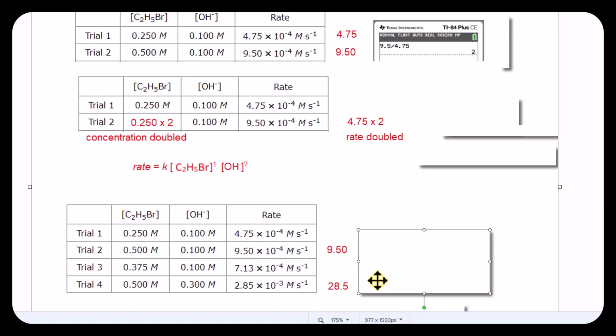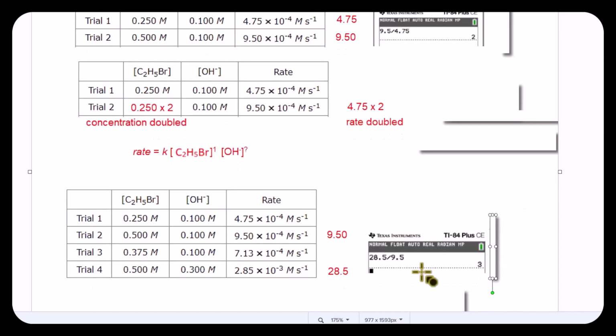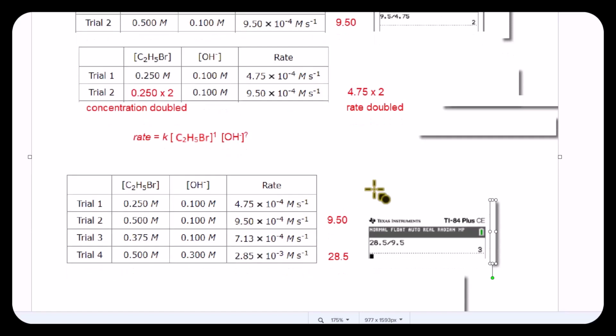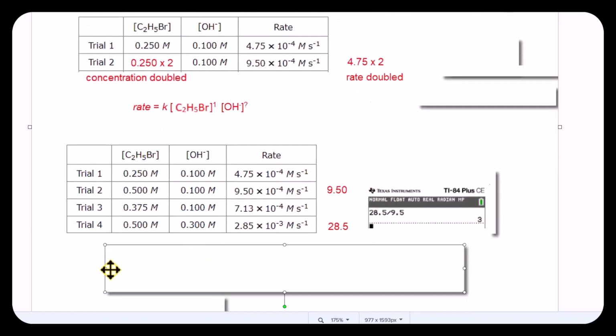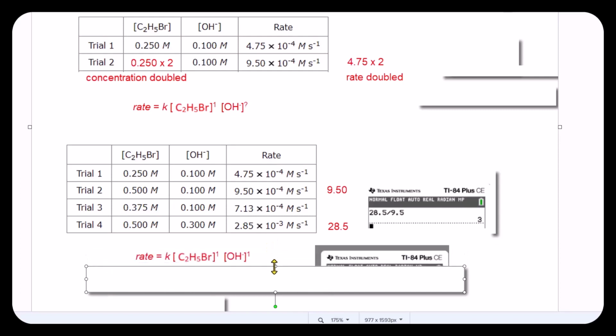Well, your math is good, you'd be able to do that in your head, but you can see that the answer is 3 times. So the reaction rate increased 3 times when the concentration increased 3 times. Okay, that's nice and proportional. That's the same thing that we found with our bromoethane, that when you have the same proportion increase, 3 times, it must be raised to the first power.